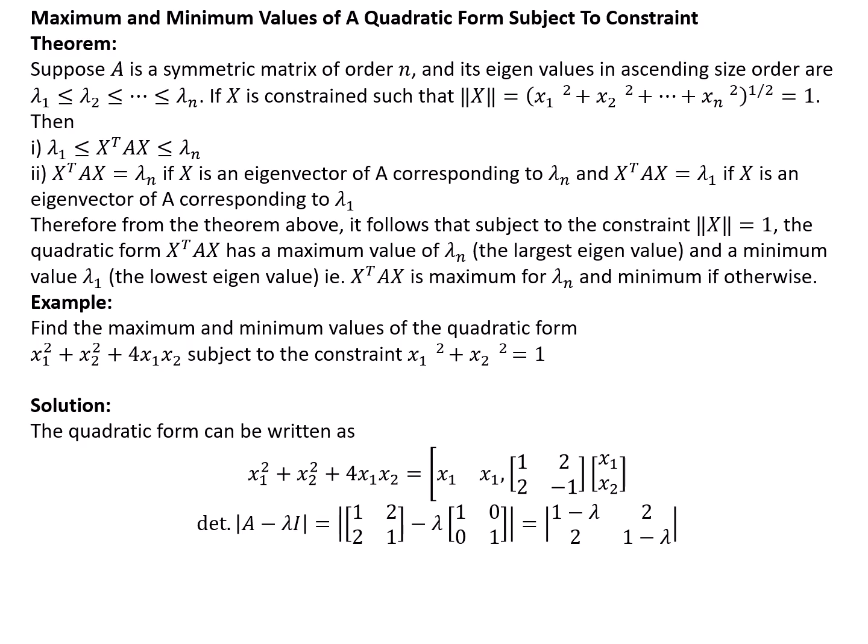If x is an eigenvector of A corresponding to lambda n, that is, for each value of your lambda, you will have an eigenvector of A. And the transpose of x multiplied by Ax is equal to lambda 1 if x is an eigenvector of A corresponding to lambda 1.